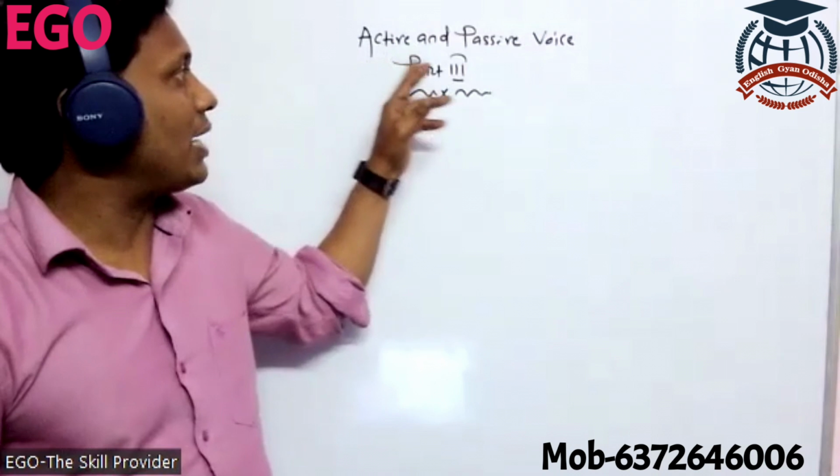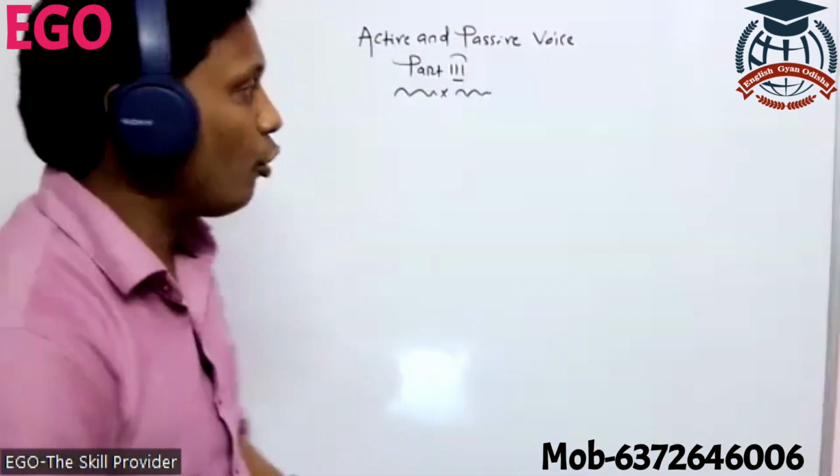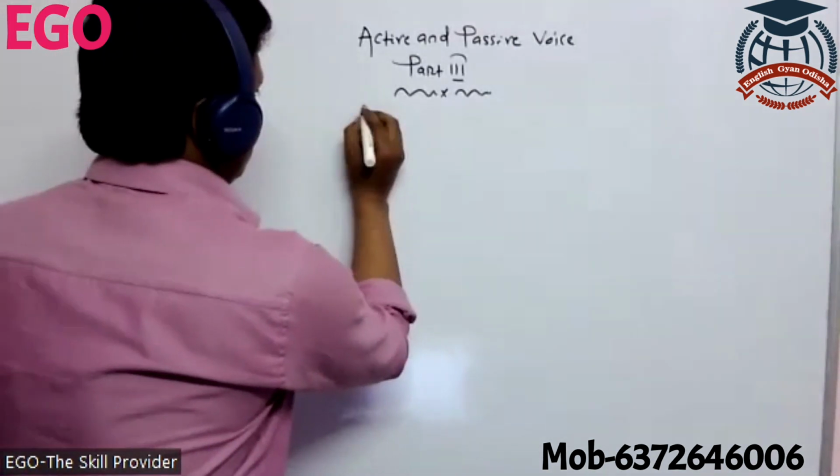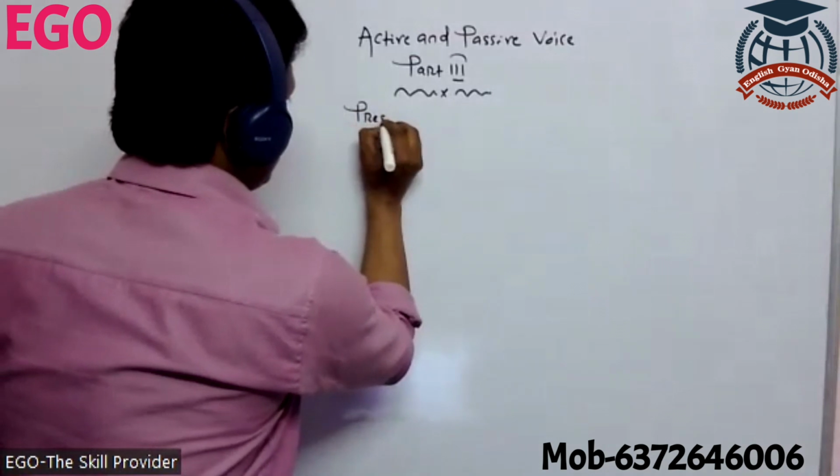But whenever it comes to active and passive in part 3, what exactly am I going to focus on? We are focusing more on something called present progressive and past progressive.